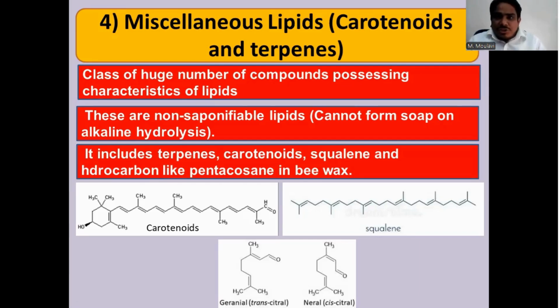So in this fourth lecture we have seen the classification of the lipids in detail: simple lipids, phospholipids, derived lipids, and the miscellaneous lipids. This basic information in lipid chemistry is very important, like carbohydrate or protein chemistry.